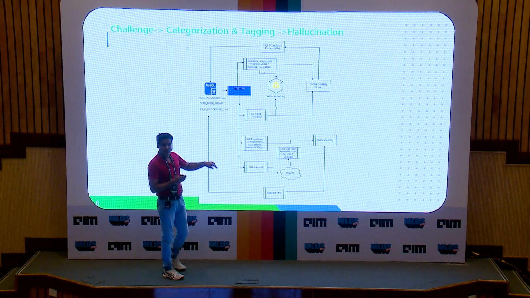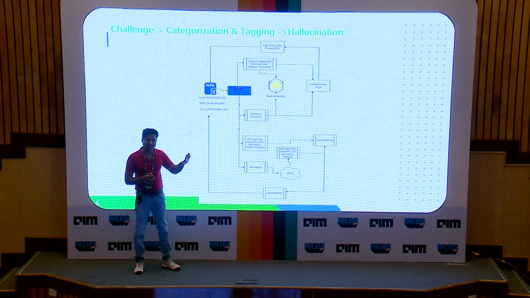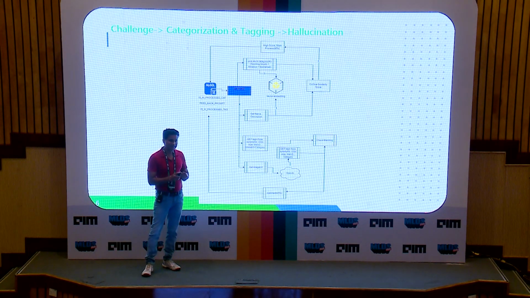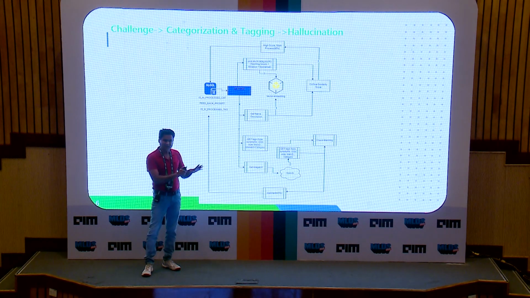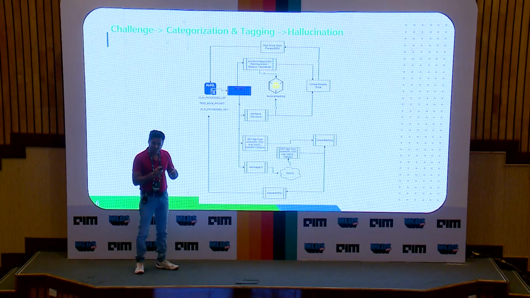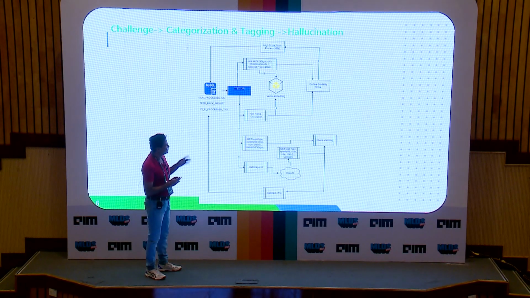Some of them will hallucinate. To fix the hallucination, the idea is very simple. Just hit it again and tell it, boss, your last thing didn't work, so send me something else. Most of the time it will be okay. You can do two or three attempts and it should be okay.